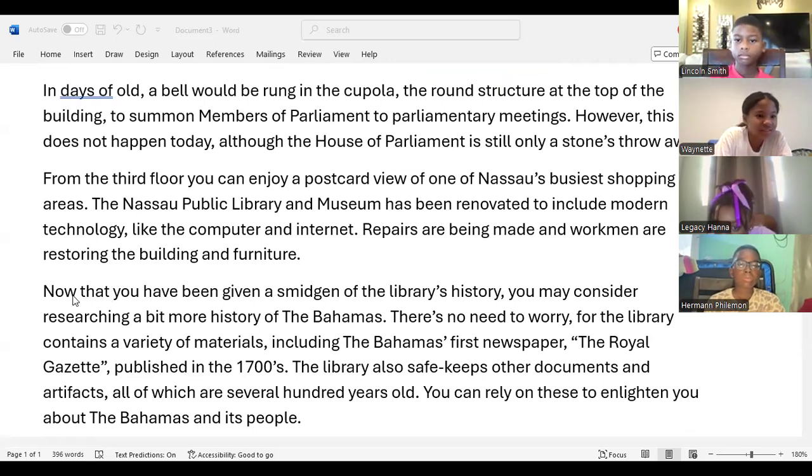Now that you have been given a smidgen of the library history, you may consider researching a bit more history of the Bahamas.